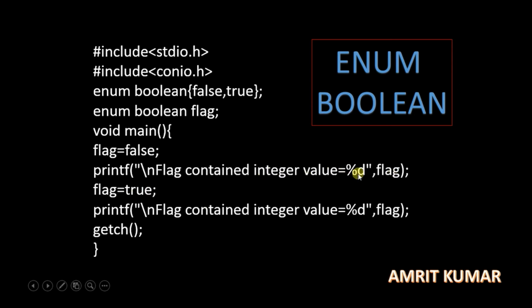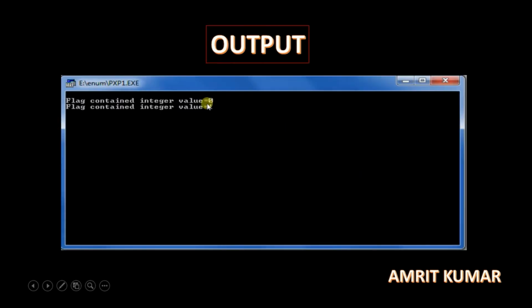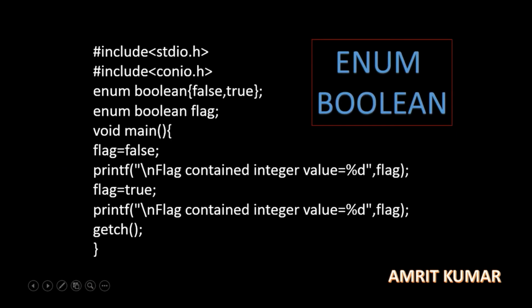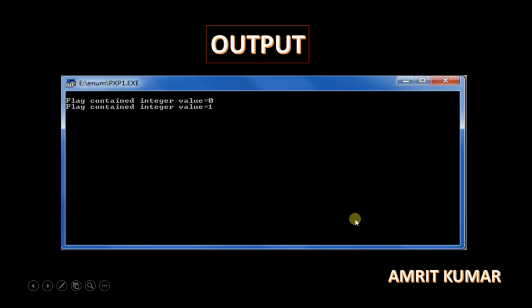Therefore that number is false, and false in C language means 0. So you can see the output here. You can realize that false in C language means 0, and true means 1. This is the proof that false contains 0 in C language and true contains 1.